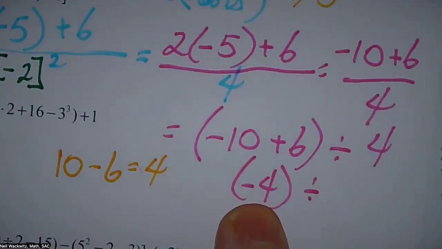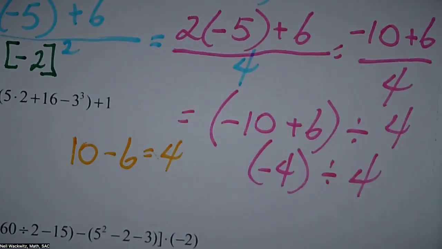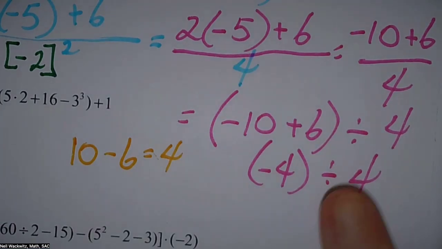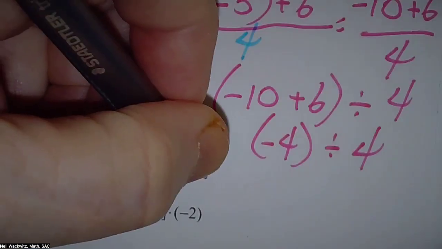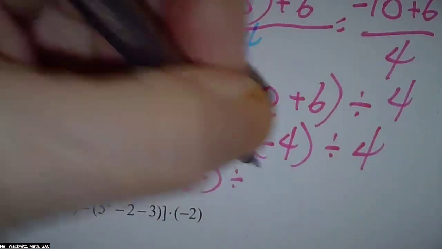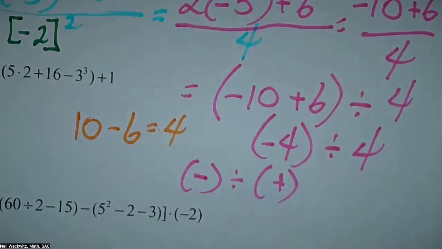And now we're taking -4 and we're dividing it by 4. And whenever you're multiplying or dividing positive and negative numbers, do the positive and negative part separately from the numbers. So we're first going to do a negative divided by a positive.